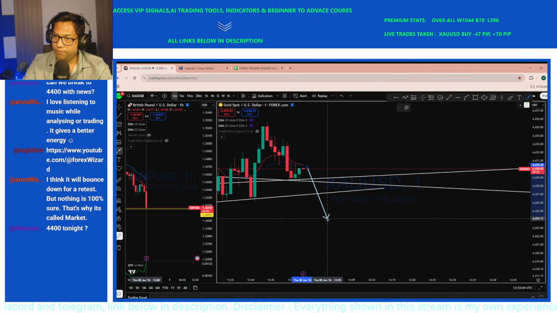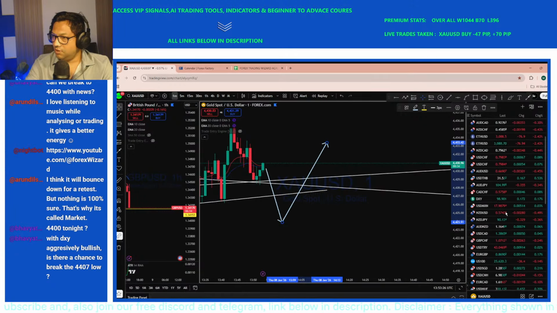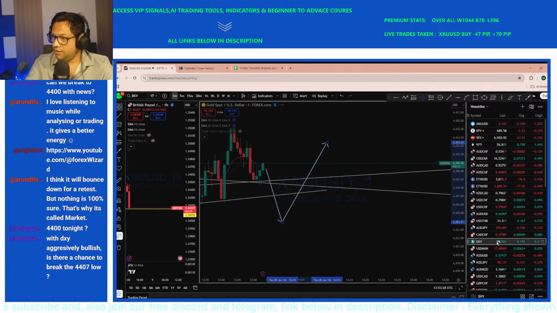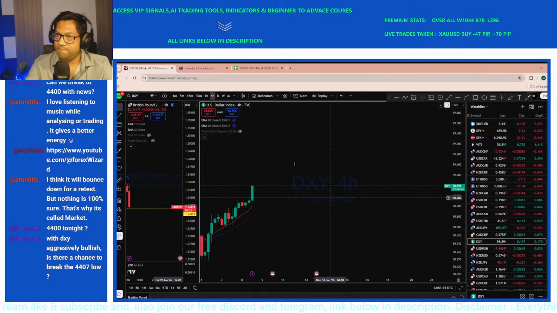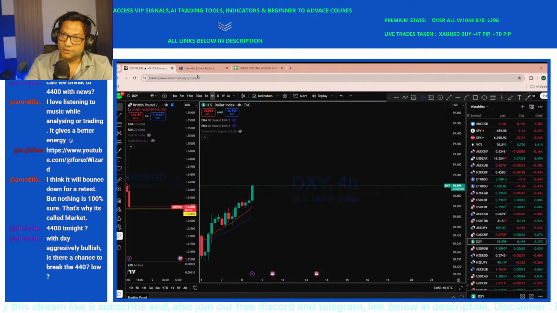Is there a chance to break the 4407 low? Let's see the DXY. If you look, there has been a significant breakout on DXY because of the data, as we mentioned, and tomorrow NFP is coming up, which has a significant impact on this instrument.